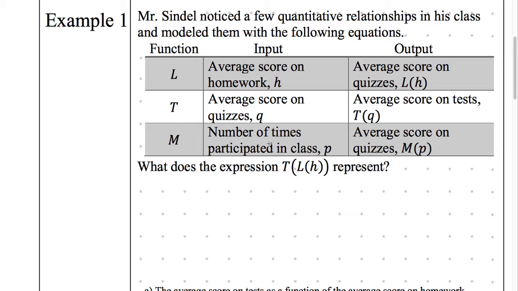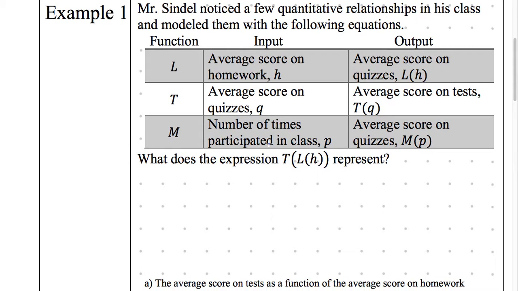Cool. Okay, so here's the question. What does this expression T composed with L of H represent? I want you to think about that for 10 seconds. What does that represent? What is the input? What is the output?